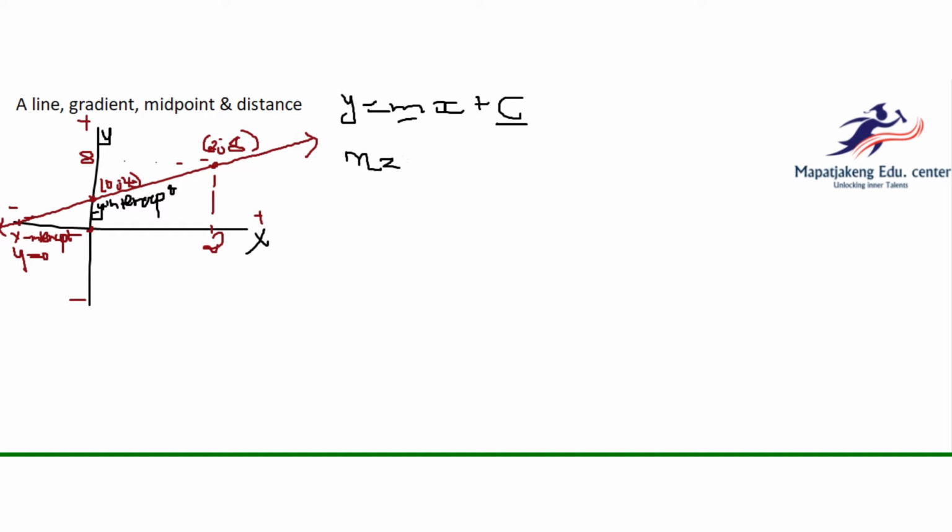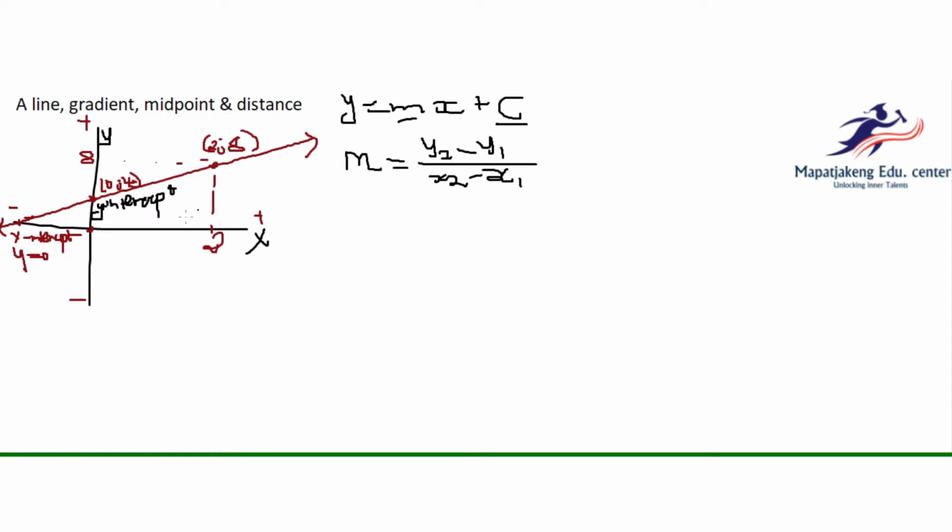If we're calculating m, we say m is equal to, we know the gradient equation, whereby it says y2 minus y1 over x2 minus x1, right? Yes, it's given in the formula sheet. You don't worry much about it, but with time you're just going to know it by heart, right?